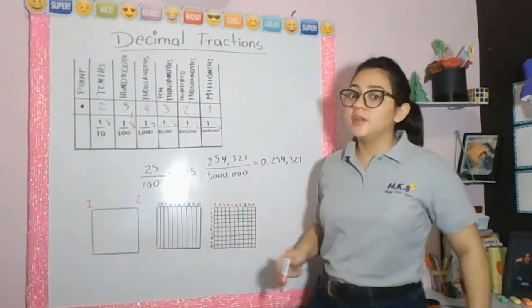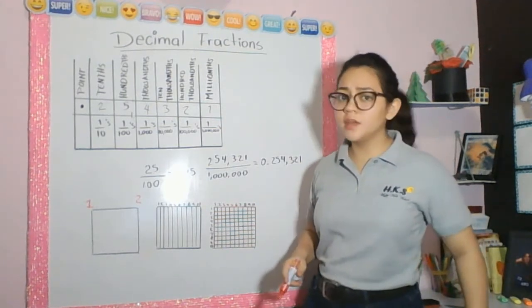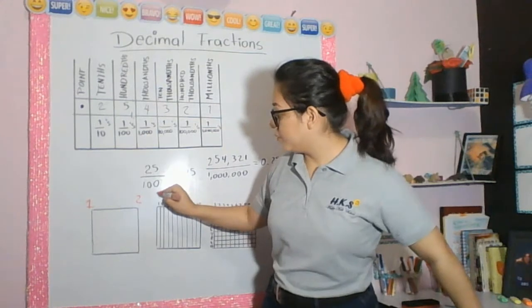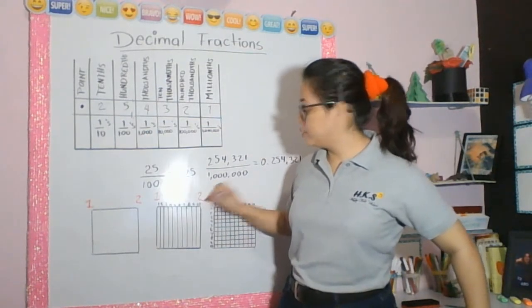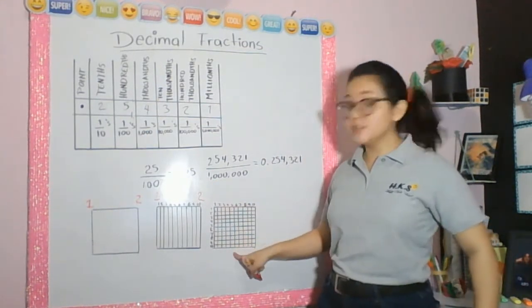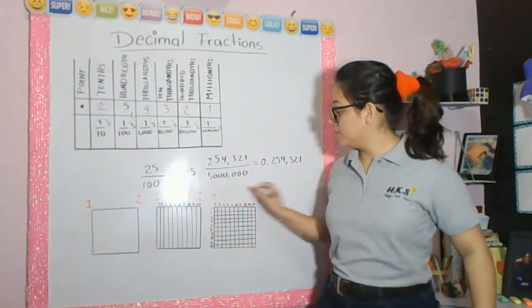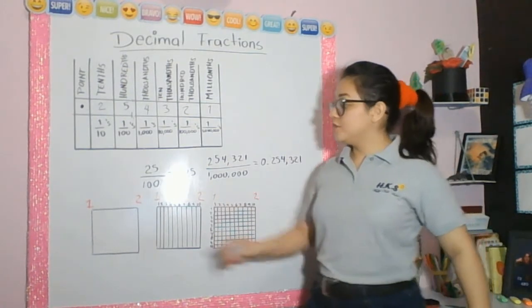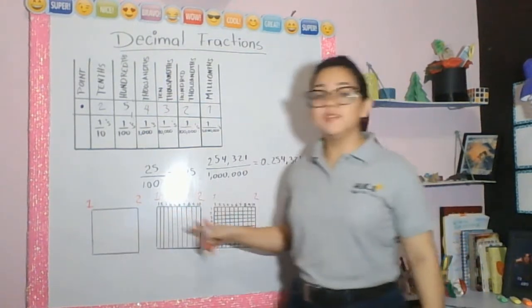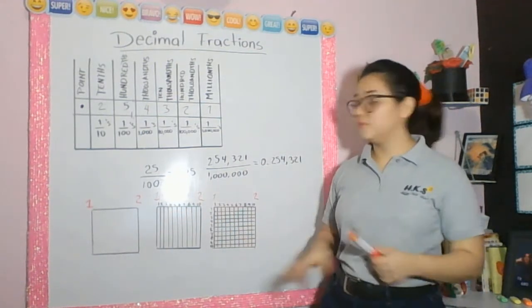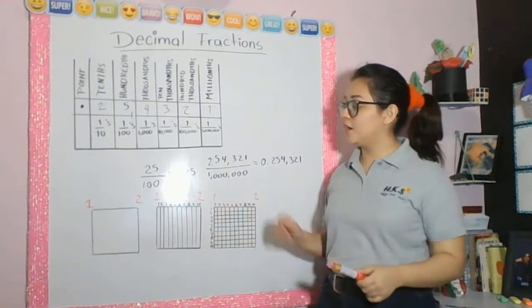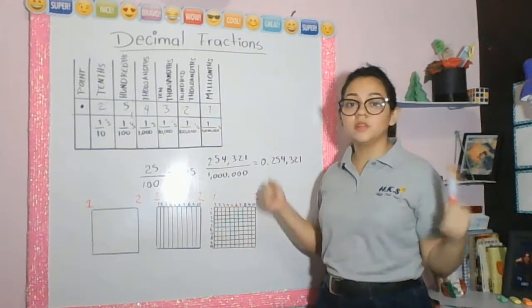This one is a whole number too. También es un número entero. From 1 to 2. And this one is a whole number too. From 1 to 2. You see, they have the same shape. They have the same area, la misma área.